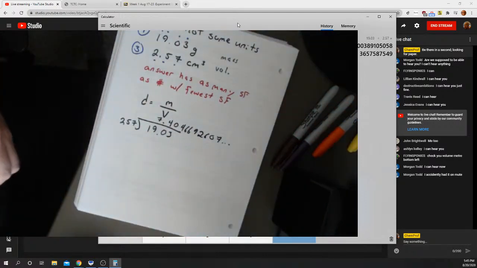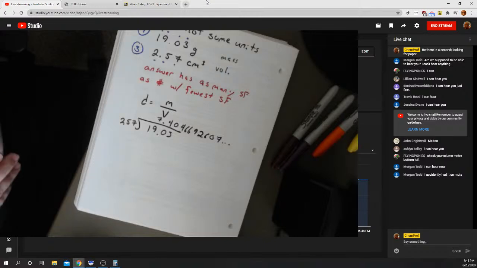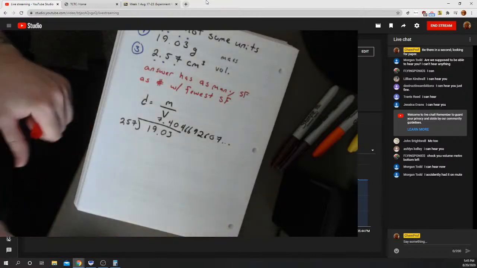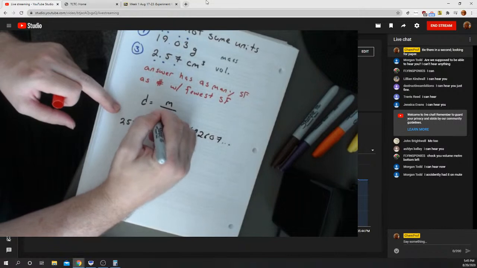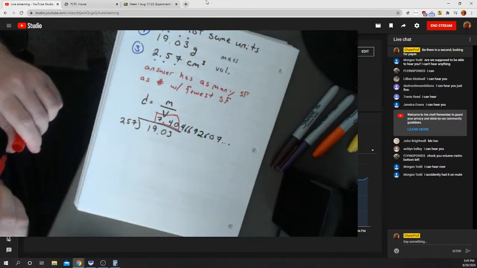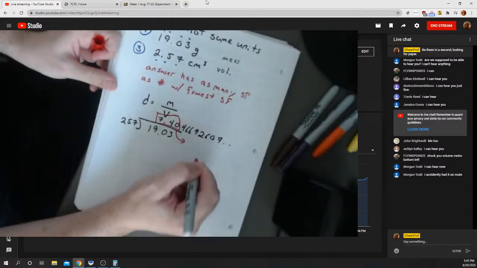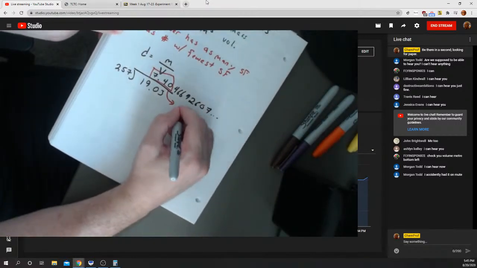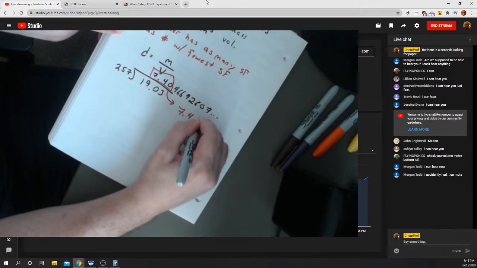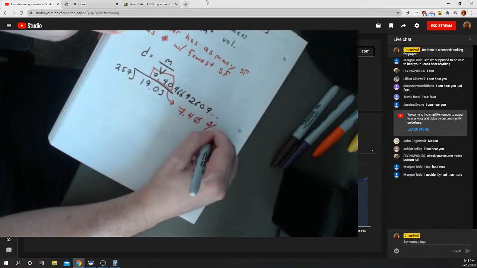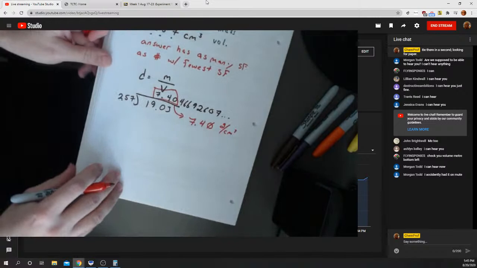All right. So here our answer is going to have as many sig figs as the fewest. So we're going to limit it to 3 significant figures. And as before, we're going to have to round. So our answer is going to be 7.40 grams per cubic centimeter.